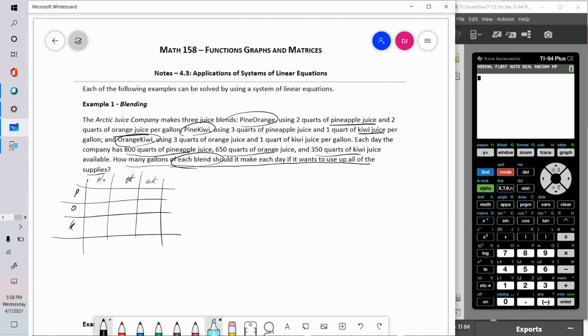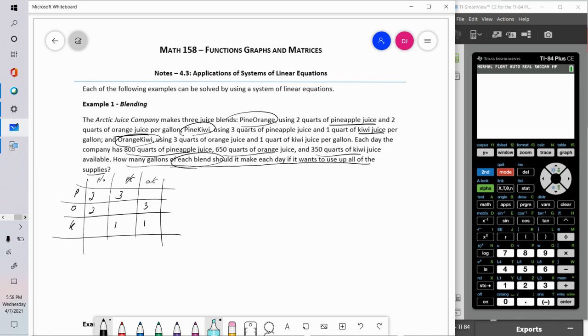The pine orange uses 2 quarts of pineapple juice and 2 quarts of orange juice. The pine kiwi will use 3 quarts of pineapple juice and 1 quart of kiwi juice. The orange kiwi will use 3 quarts of orange juice and 1 quart of kiwi juice per blend.